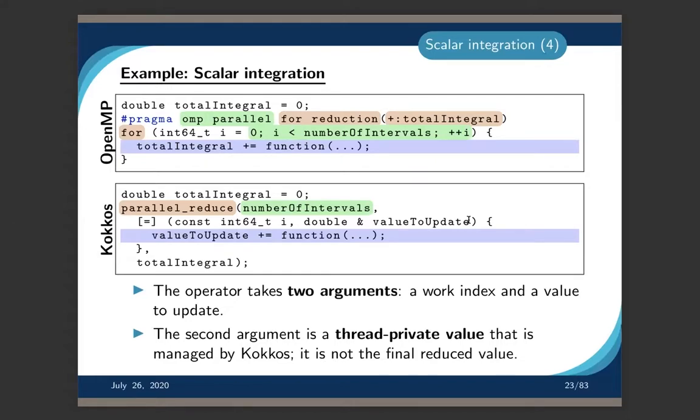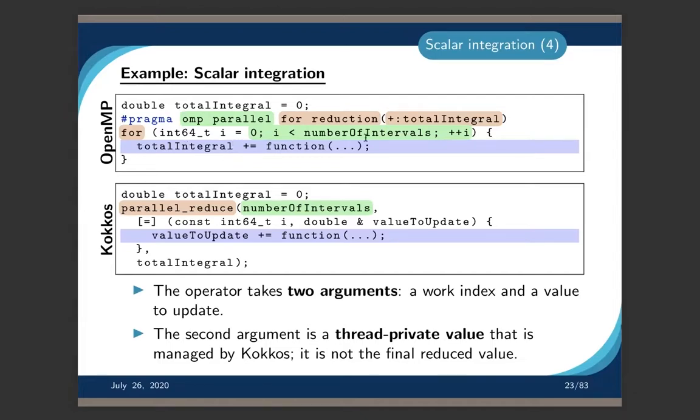In fact, OpenMP does exactly the same thing. If you were to print out the address of total integral in this loop, what you will find is that every thread has a unique address. And potentially none of these actually are the address up here. The compiler internally does that for you. It replaces your global total integral with thread local variables and uses these thread local variables in here.